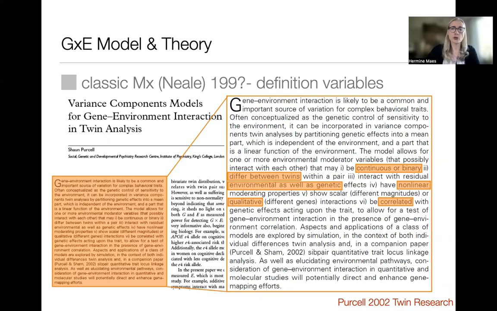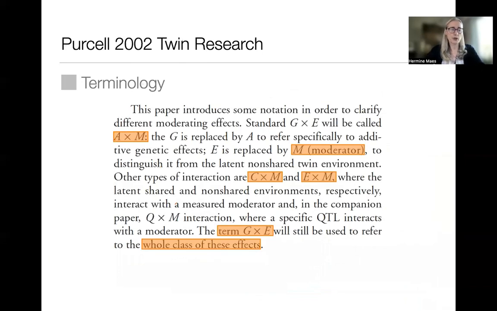Shaun does a great job of talking about gene-by-environment interaction models and the various possible extensions of this basic model. And we'll talk about those in a minute. But first, let's point out some of the terminology here.